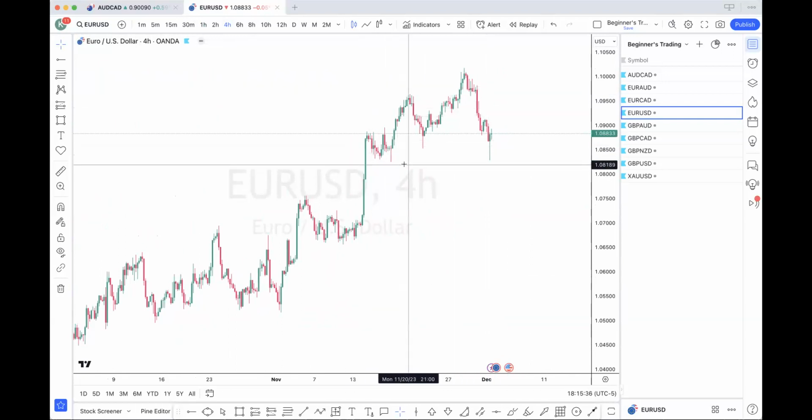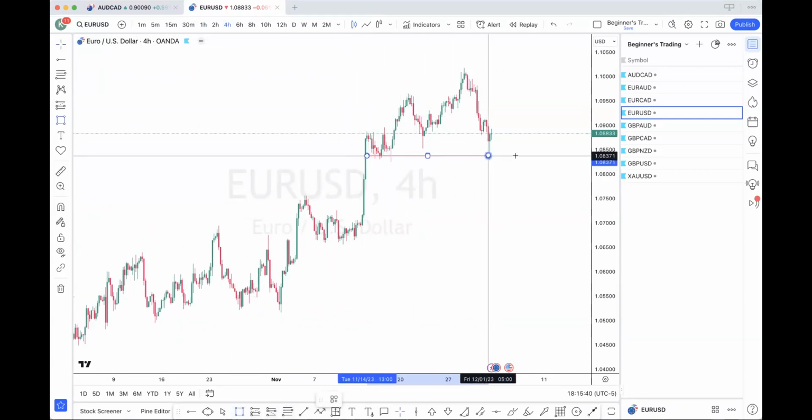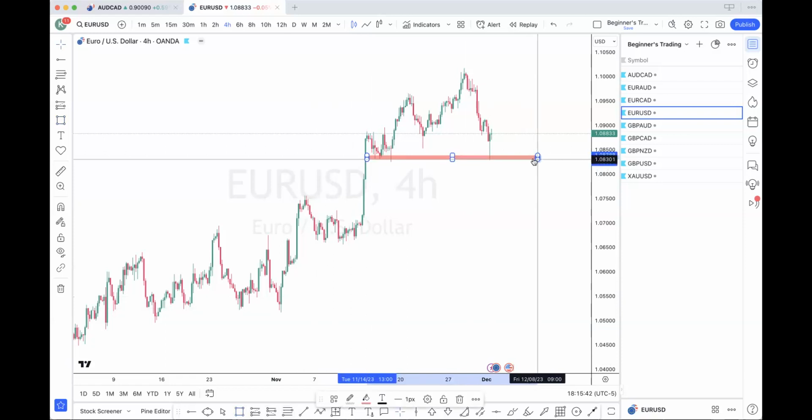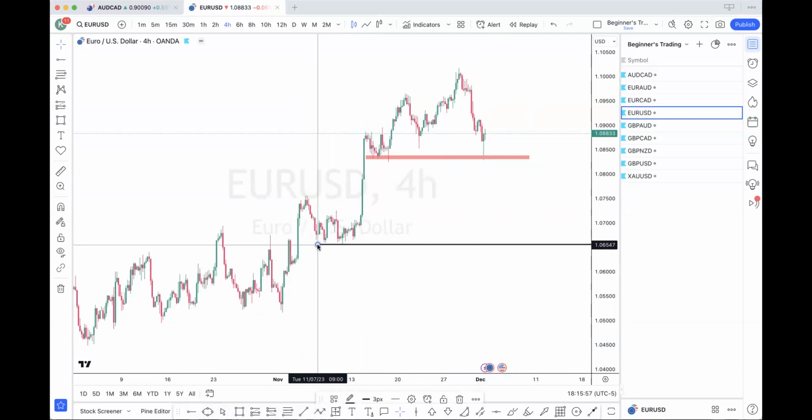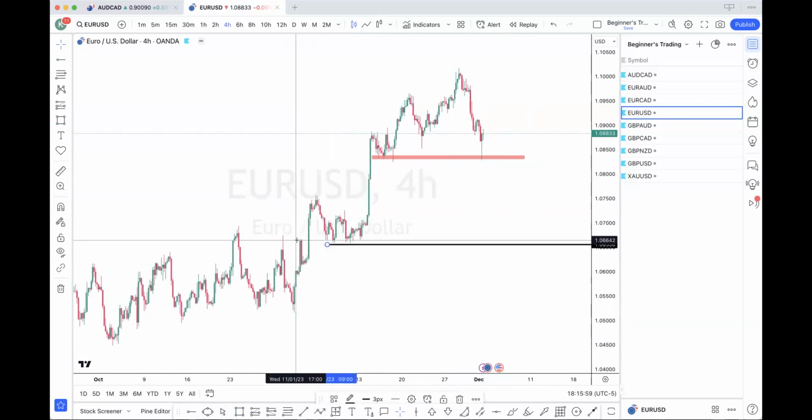Okay, good. You're halfway there. So we had an impulse move, and you had this break of structure. This would have been the swing low of that move, right? Usually when you have a break of structure, it's always an impulse move, right? Hold on just a second.